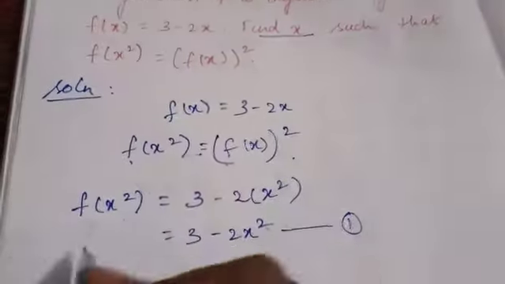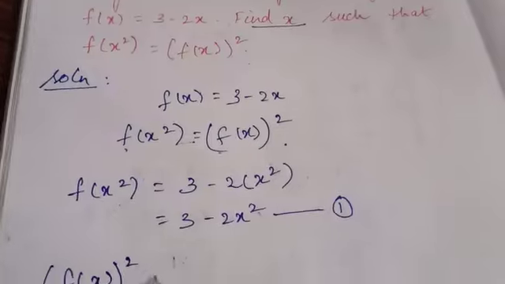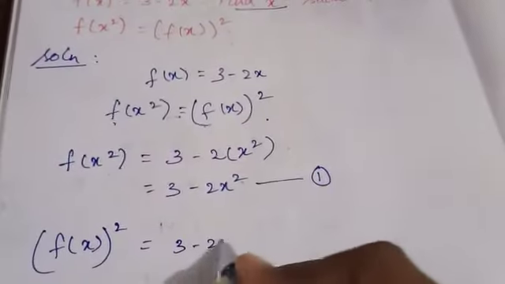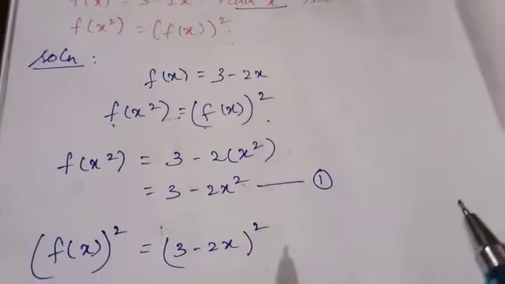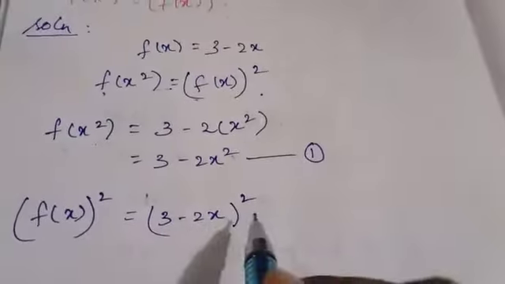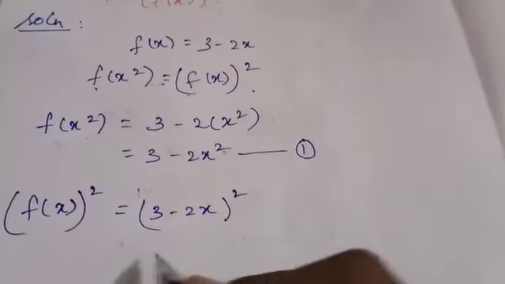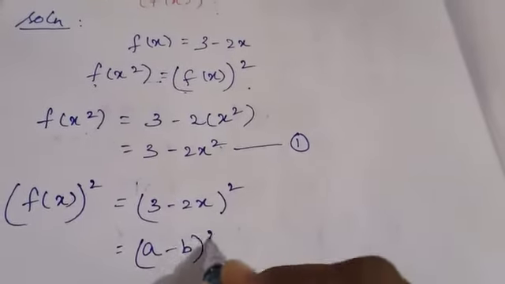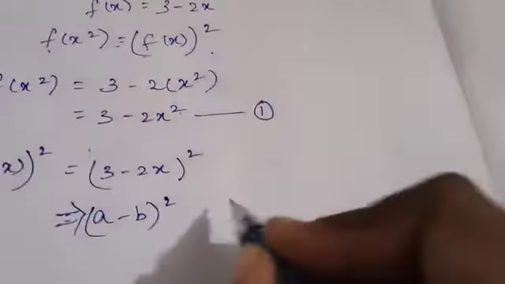Next we have to find f of x the whole square. What is our f of x? 3 minus 2x, right? So f of x whole square is in the format of a minus b the whole square.